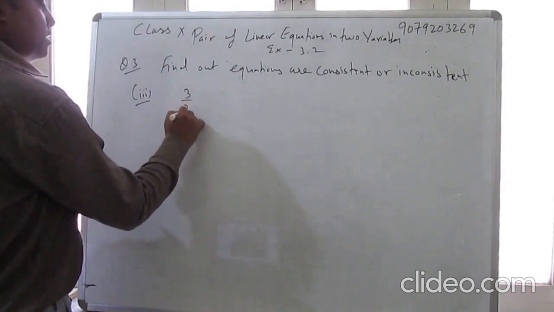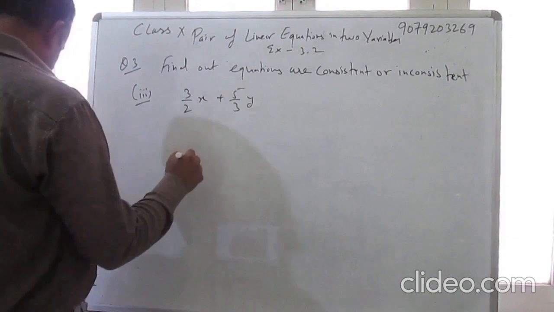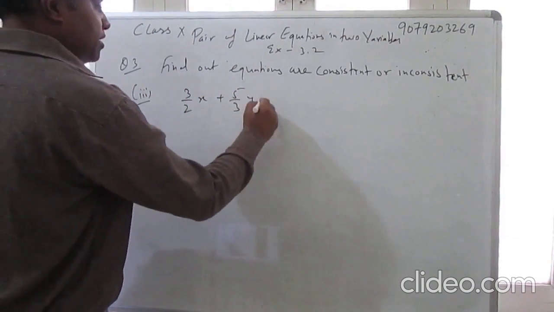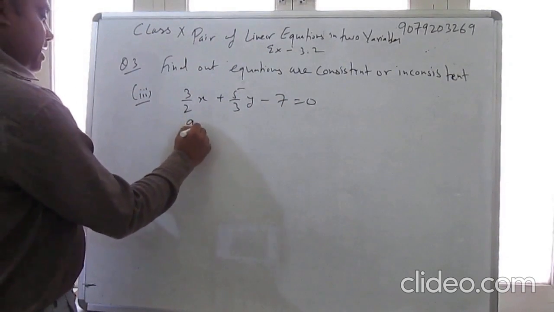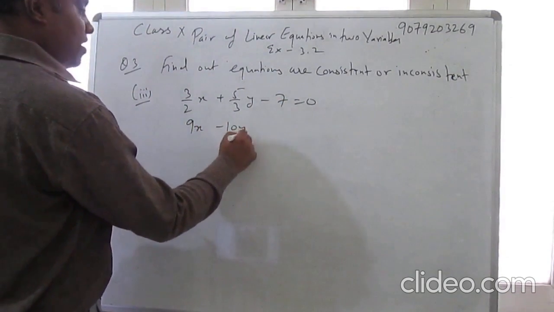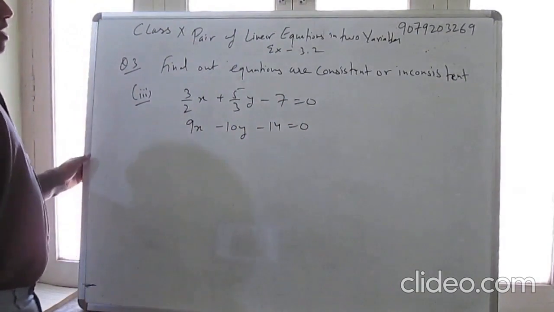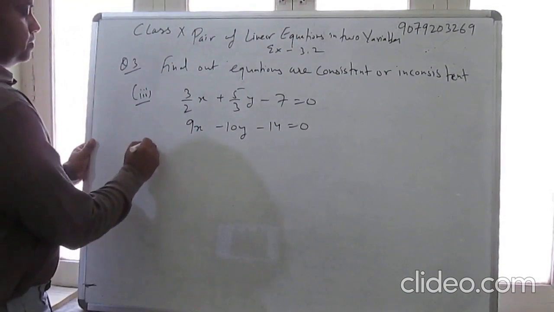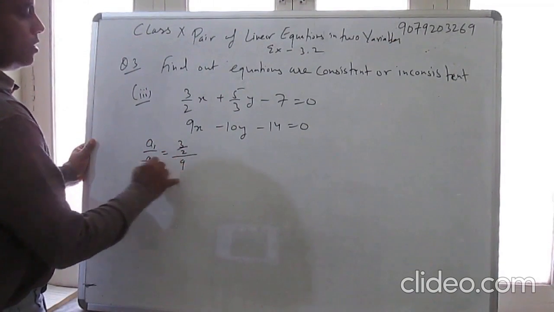3 by 2x plus 5 upon 3y, transpose the 7, minus 7 is equal to 0, so 9x minus 10y minus 14 is equal to 0. Now you check what is a1 upon a2. a1 upon a2 is 3 by 2 upon 9.